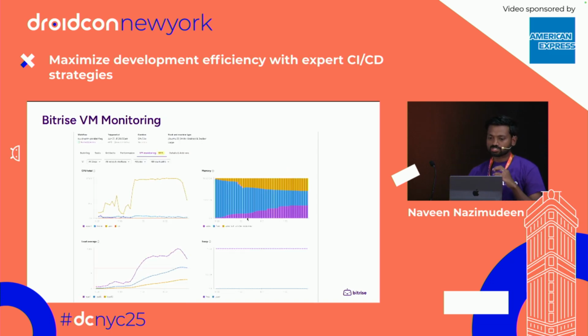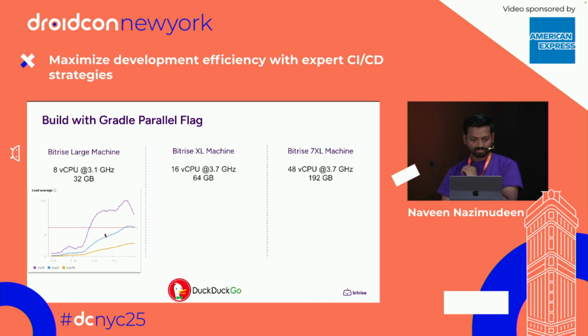So within Bitrise, we have the VM monitoring, where you can dig into the machine performance during the time of the build with CPU, memory, load average, etc. I want to zoom in to load average for these 3 builds. Here is load average.